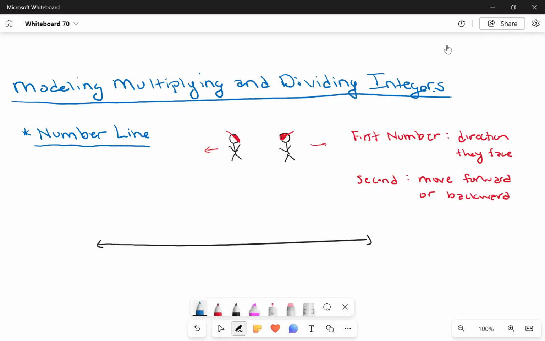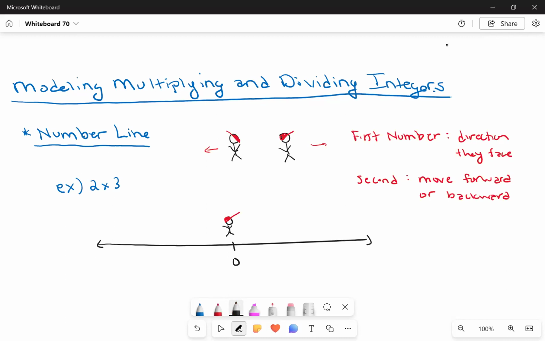Let me do an example then. Let's do something simple like 2 times 3. So we start at 0. Because the first number is positive, they're going to be facing the positive direction. So my little person is going to face the positive direction, facing this way. And times 3 indicates that they're going to move forward because it's a positive 3 that we are moving by.